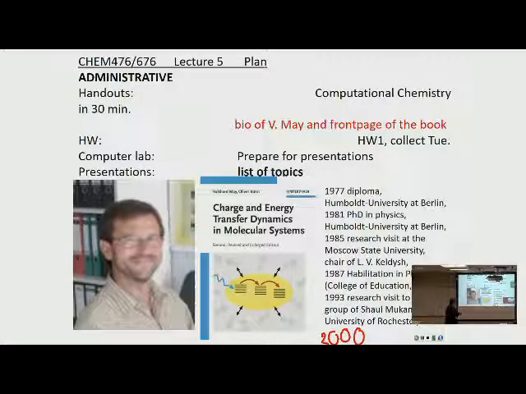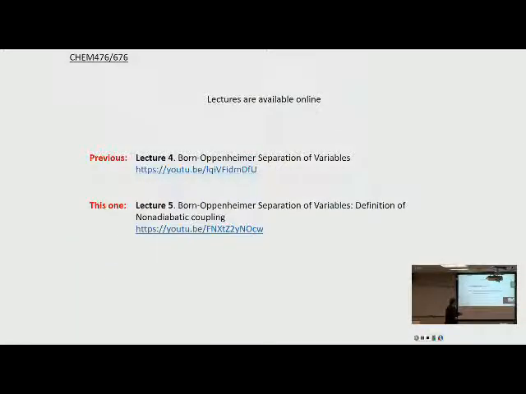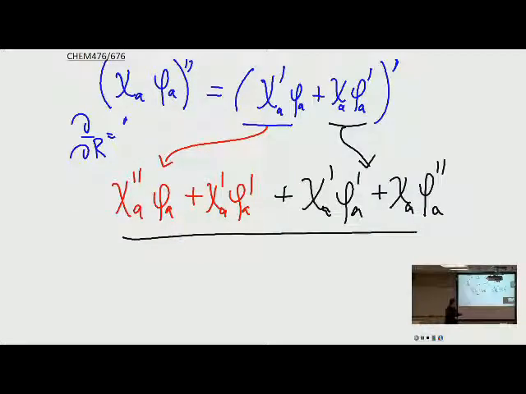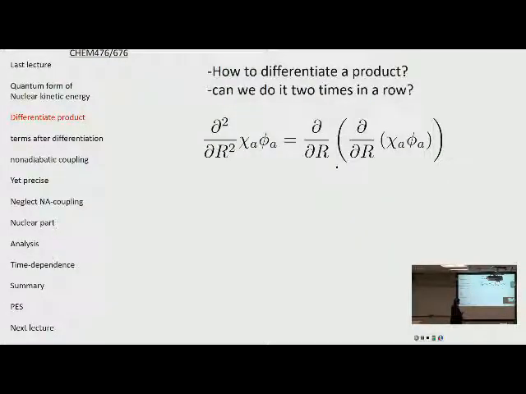I was personally acquainted with the author because he was on my thesis committee. If you apply the second derivative to the nuclear and electronic wave functions, we get 4 terms, right?